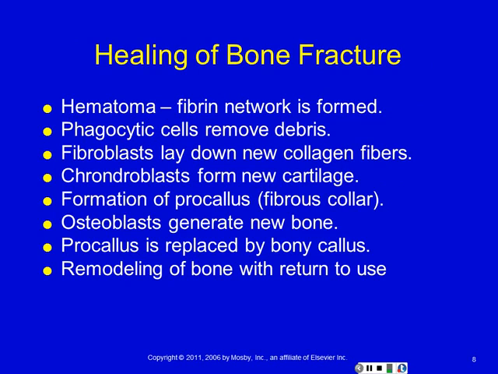So typically what we see in a fracture, if this is the bone here and our fracture is across here, the first thing that develops is a hematoma that looks a little bit like this, only it wraps all the way around.